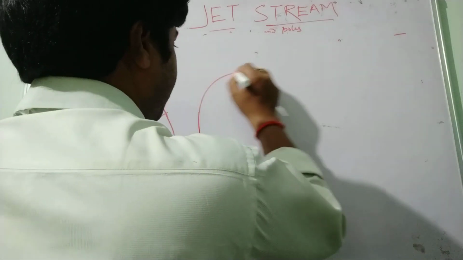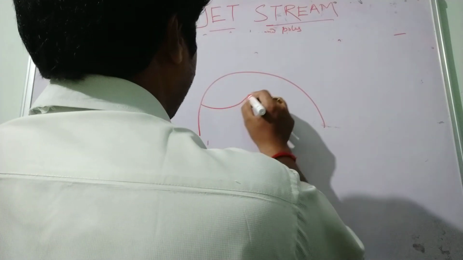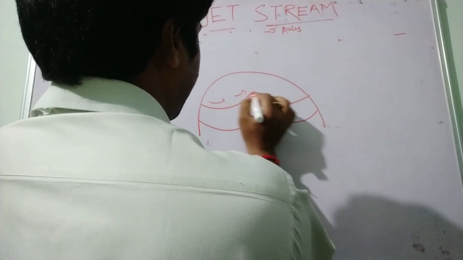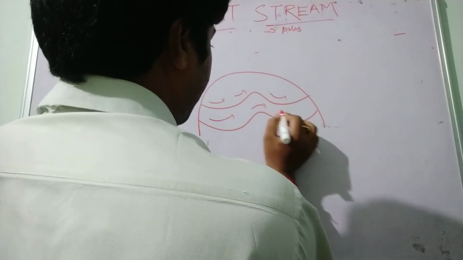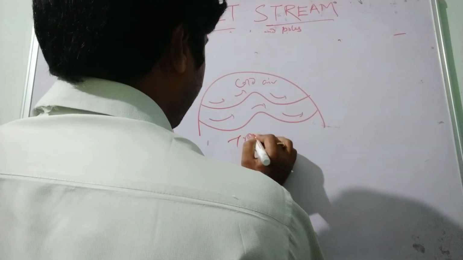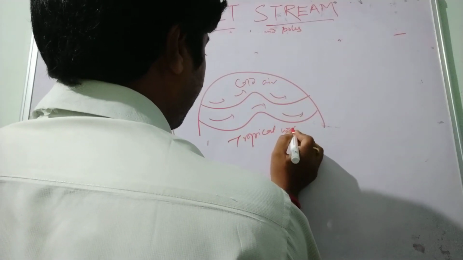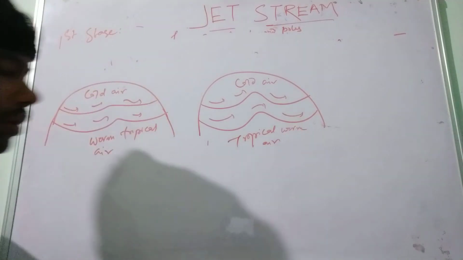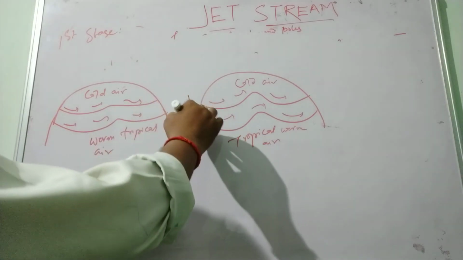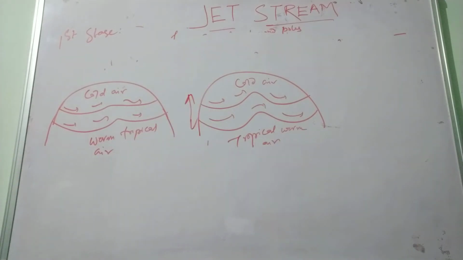In the second stage, the straight path transforms into a wavy path and the pressure gradient is from north to south, marking the beginning of the development of the Rossby waves.